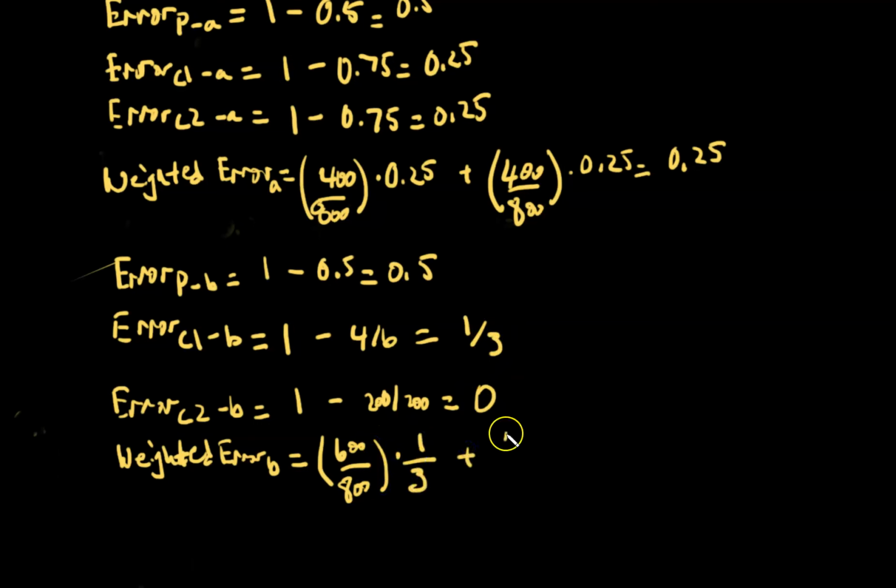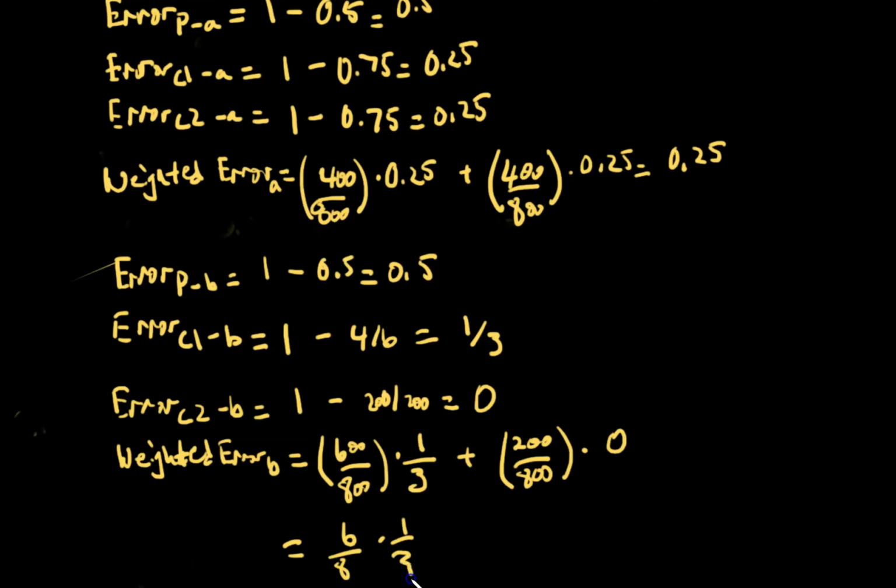Plus, so we have a total of 800, so then this has to be 200 divided by 800 times, what was this error? This was 0. Okay, so then if we do the math, this is the same as 6/8 times 1/3.